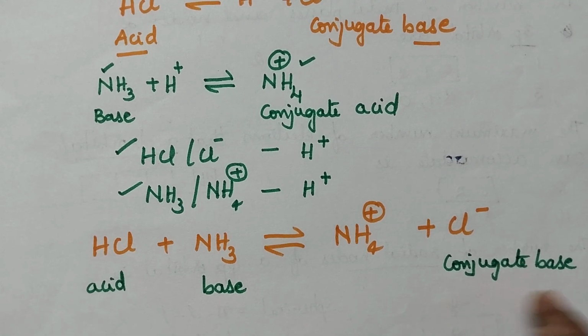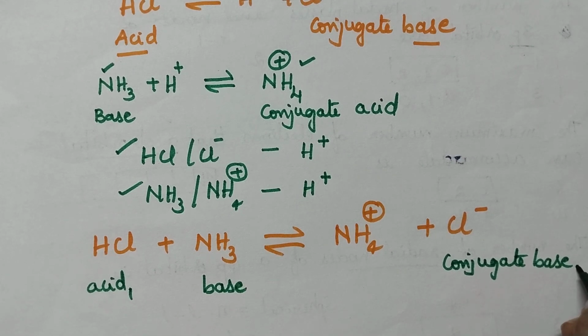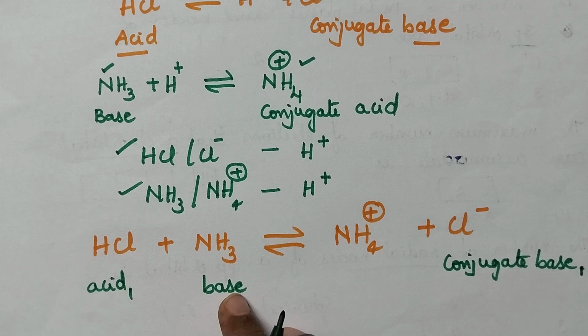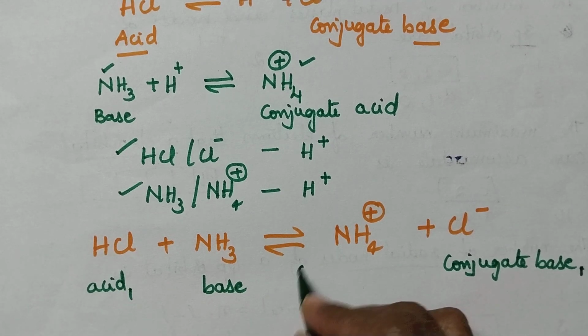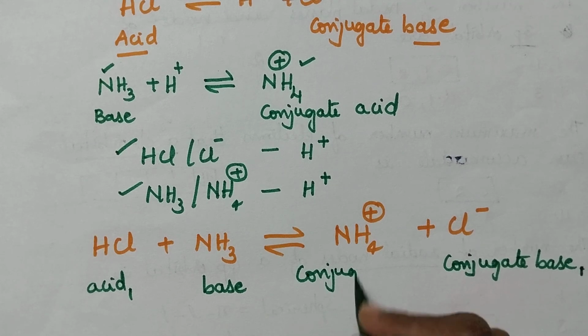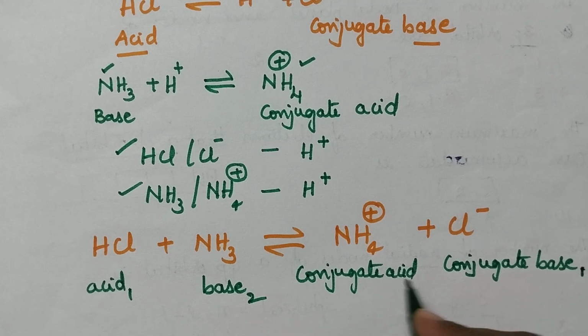This conjugate base is obtained from acid 1. So it is called conjugate base 1. And this base accepts a proton from HCl and results in the formation of a conjugate acid. So it is called base 2 and it is called conjugate acid 2.